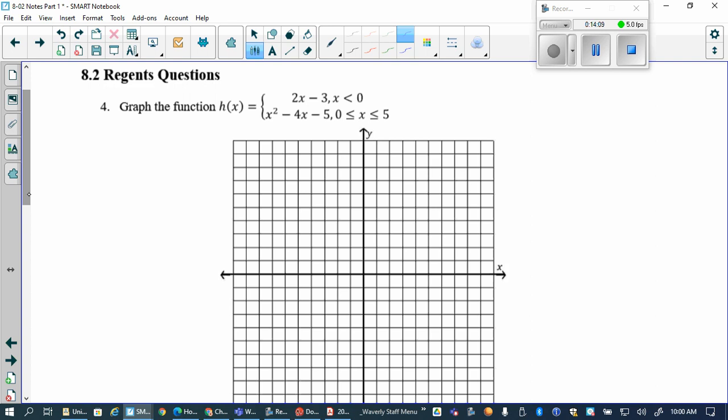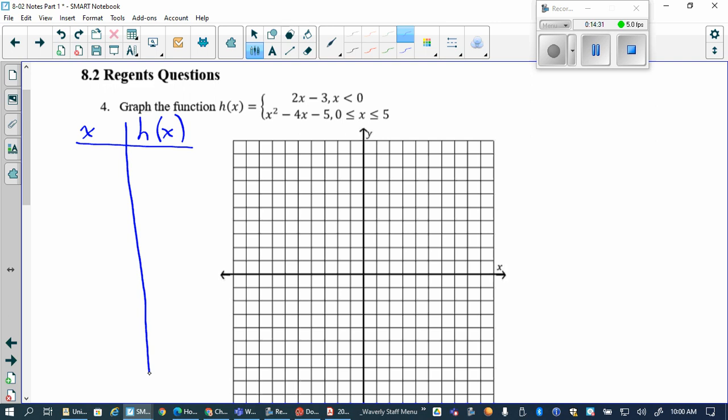Okay. Do you remember how to put this in your calculator as a piecewise function? You can do them each one at a time if you want, right? Well, let's just do x and then h of x. For h of x, what kind of values am I going to be putting in there?